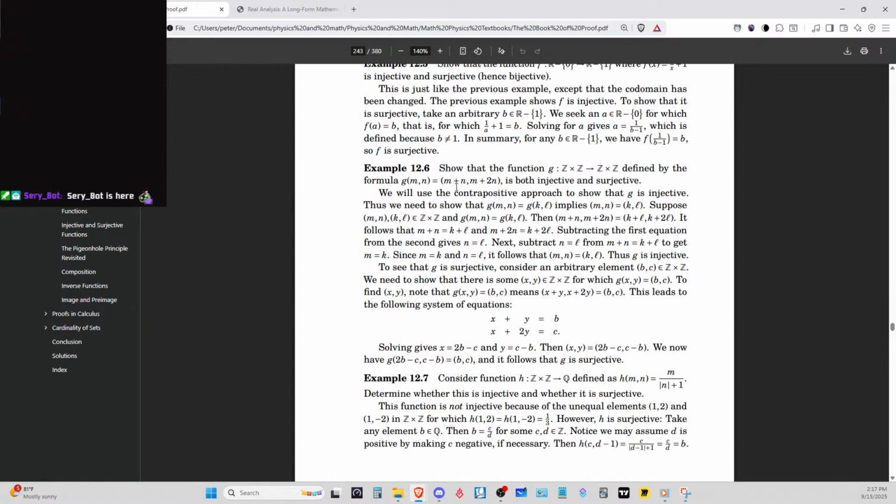So this shows us that the function g from the cross product of the integers with the integers, defined by the formula, is both injective and surjective. They use the contrapositive to show that it is injective. Then we got the function.